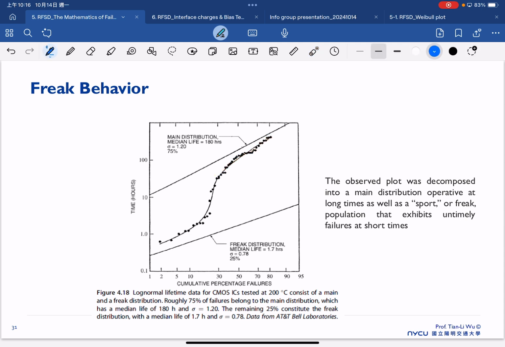So if you look at this data set, we can fit this part with one distribution. We can also fit this part with a second distribution.